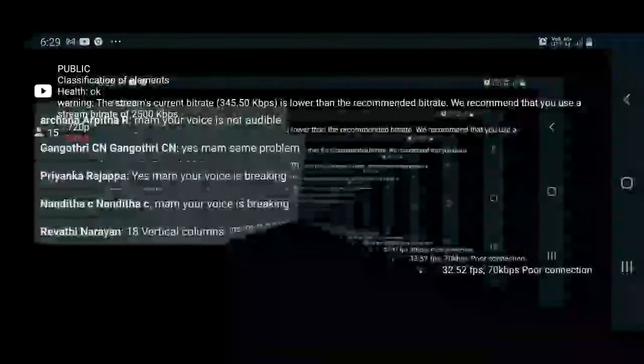Yes, Revati answered as 18 vertical columns. Correct answer, Revati. 18 groups are there.